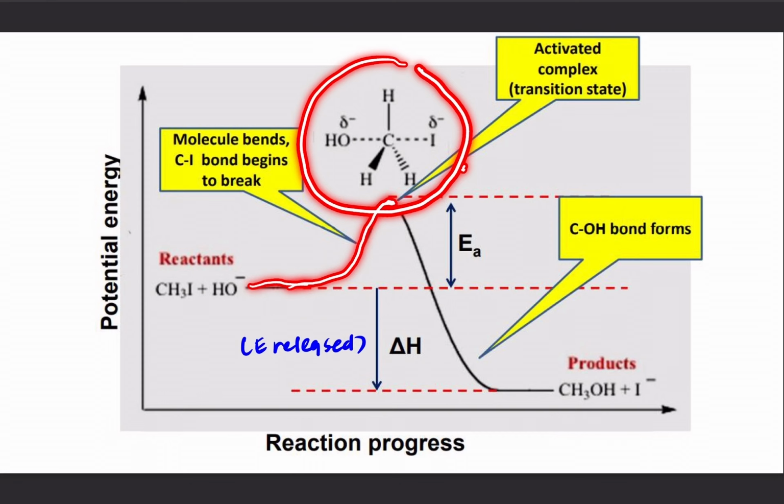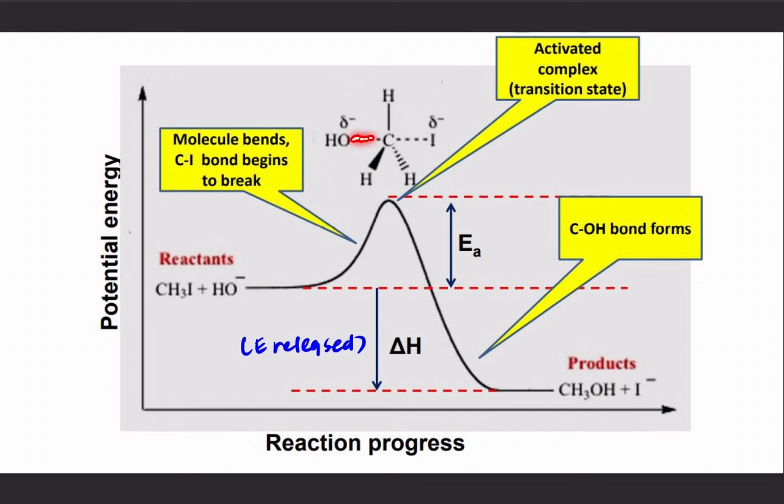At this transition state, you will have two loose bonds, right? One is forming, one is breaking. If we form our product, then our carbon oxygen bond will form, while the carbon iodine bond will break.